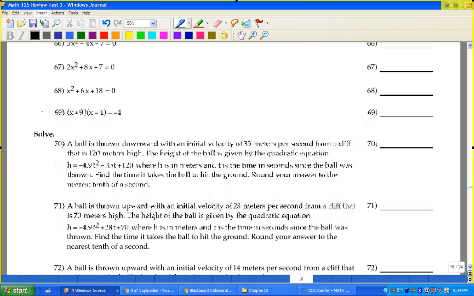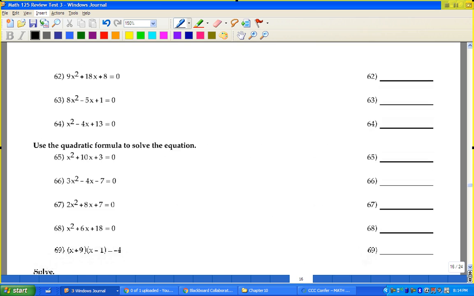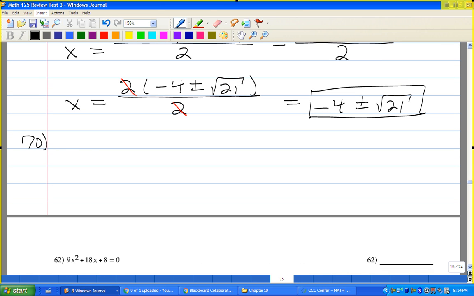Okay, so I have here that h is equal to negative 4.9 t squared minus 35t plus 120.